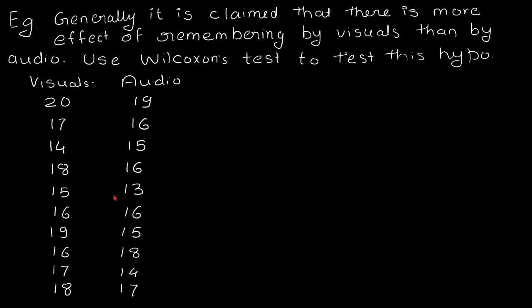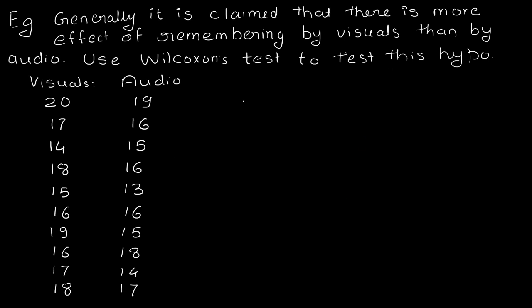Now see, it is saying generally it is claimed that there is more effect of remembering by visuals than by audio. Use Wilcoxon's test to test this hypothesis. What this states is that two datasets are given: one is remembering by visuals and another is remembering by audios, and I need to compare them.